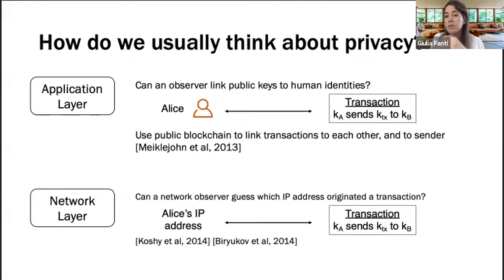Typically it uses the public blockchain to try to link together transactions from the same human and uses that to maybe figure out the identity of that human. But there are also privacy implications at the network layer, meaning that an adversary might be able to link this same transaction to Alice's IP address, which gets us part of the way to actually figuring out that this transaction belonged to Alice.